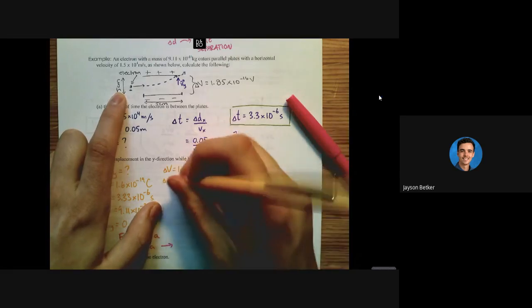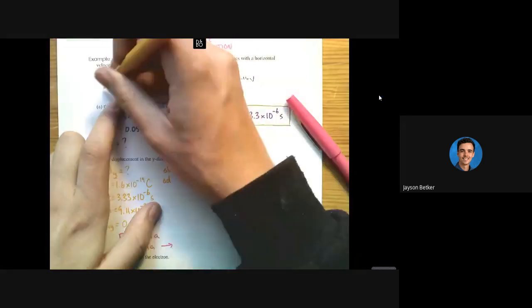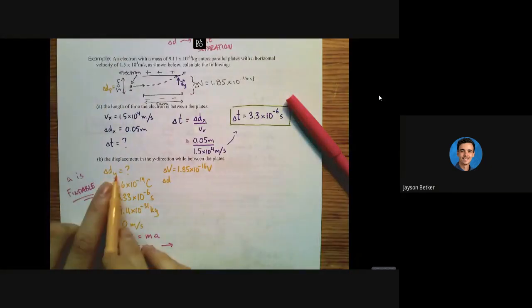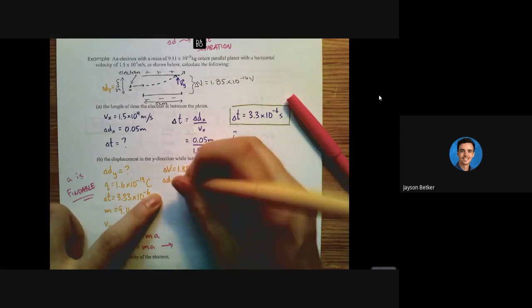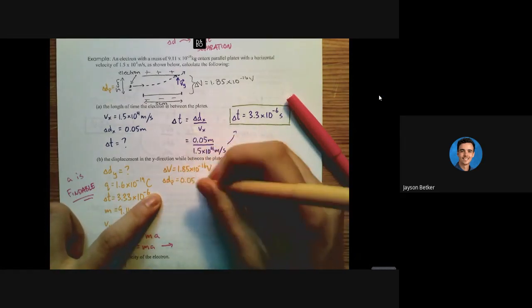Let's call it delta dP. That just means the total plate separation, just so I'm not getting confused with what the actual displacement of my electron is. Delta dP is equal to 0.05.